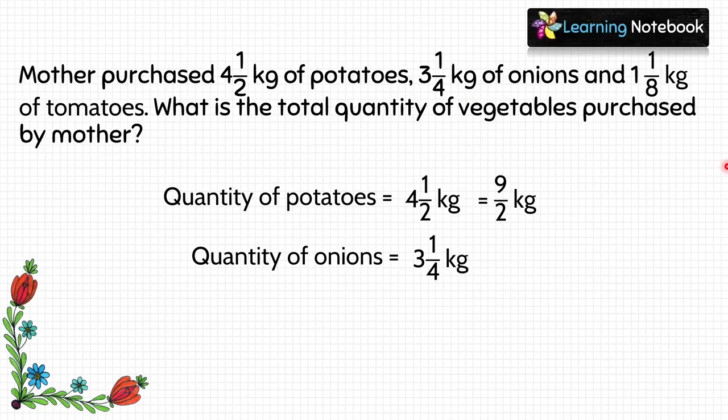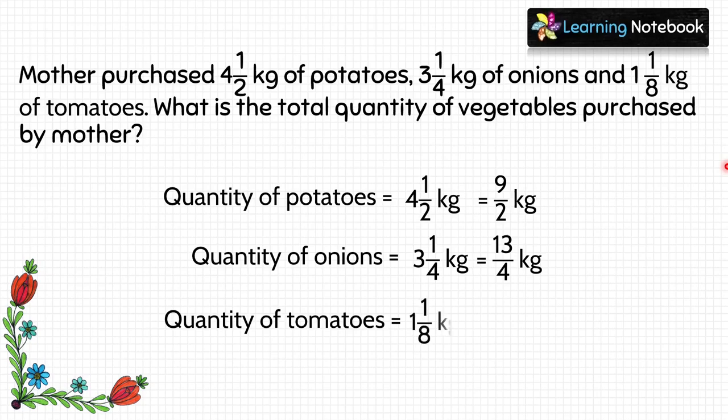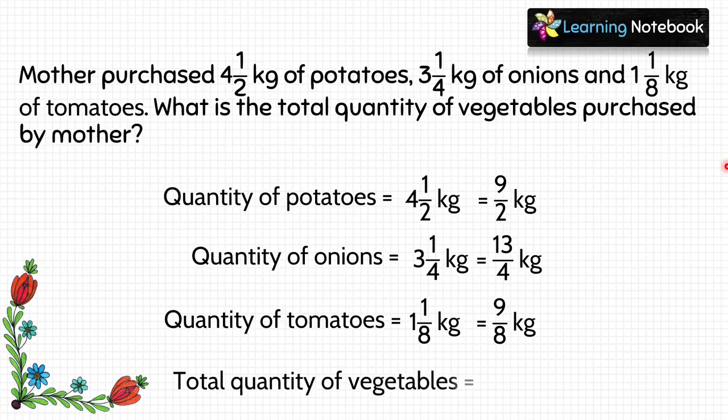Again, let's convert it into an improper fraction. We get 13/4 kg. And then quantity of tomatoes purchased equals 1 1/8 kg, which equals 9/8 kg. Now to find the total quantity of vegetables purchased, we will add these three improper fractions.